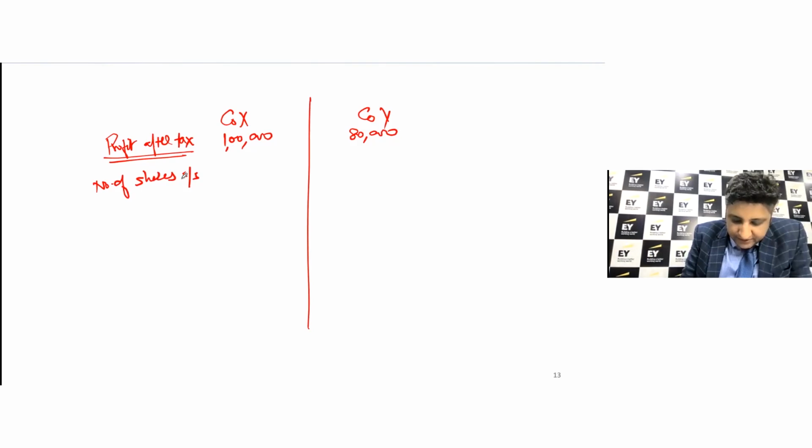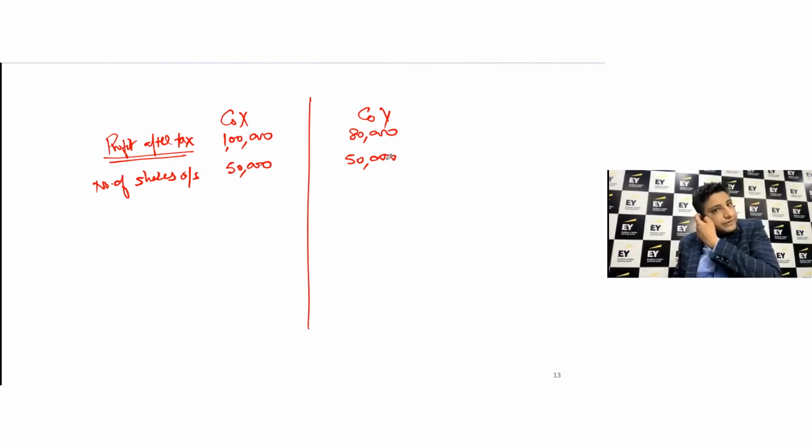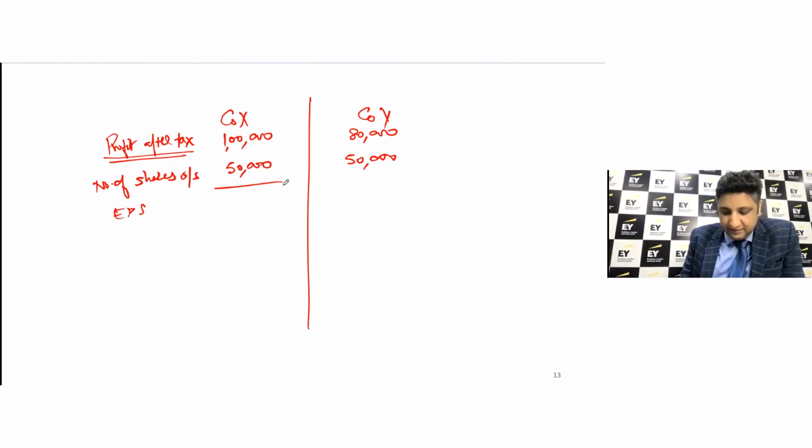Say the number of shares outstanding for company X is 50,000, and the number of shares outstanding in the books of company Y is also 50,000, right? How difficult is it to calculate the EPS?